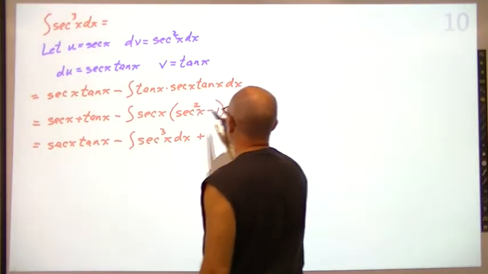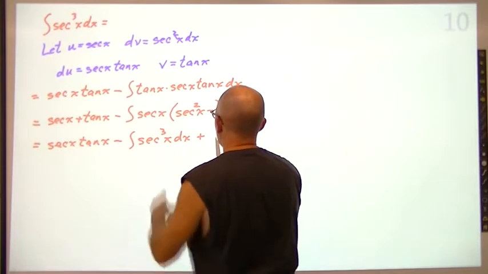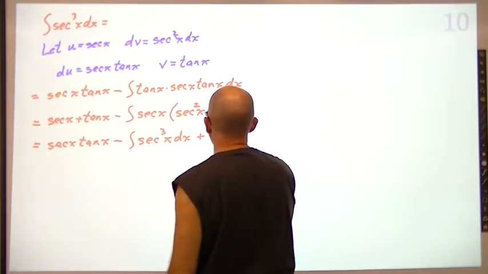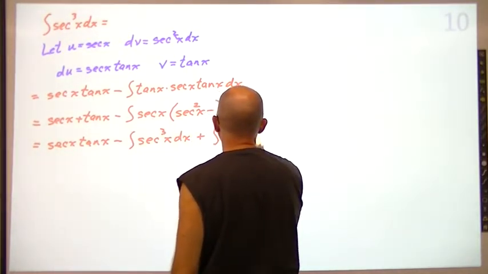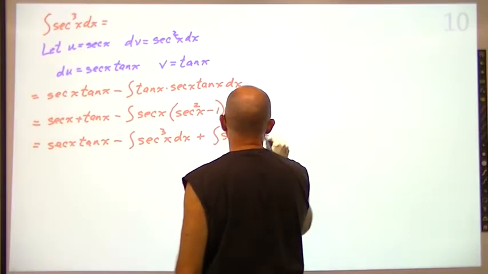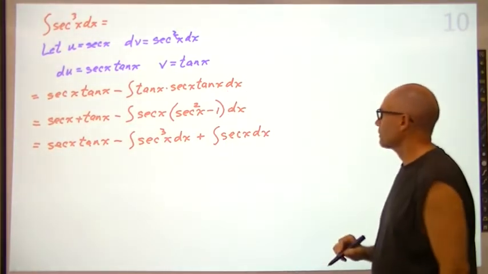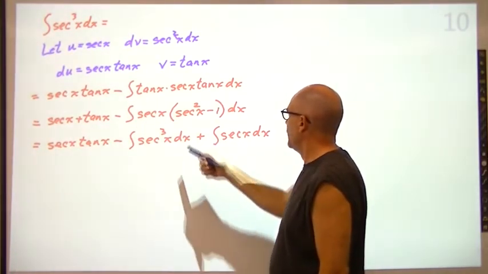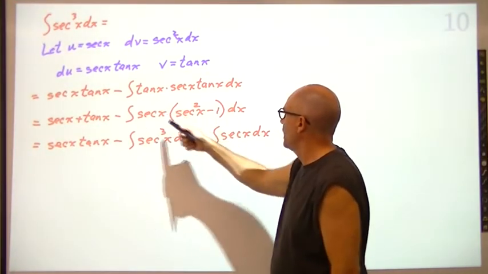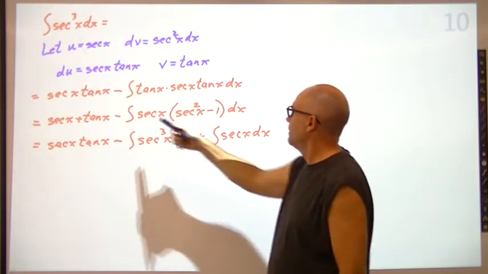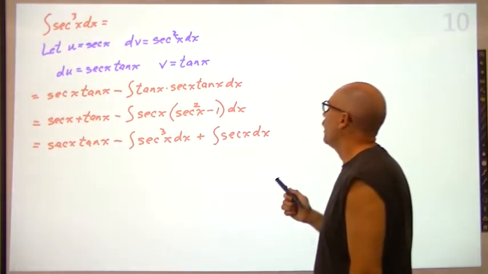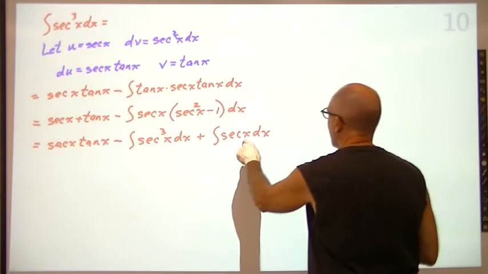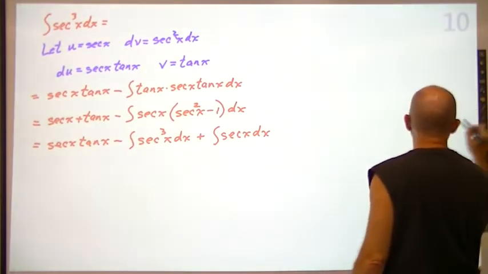Now see, we have a minus, and this is secant times 1. Okay, so I broke this one integral up into two integrals because it's secant cubed minus secant, but minus is plus.